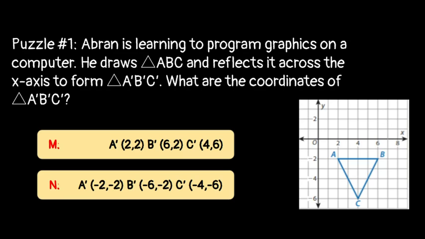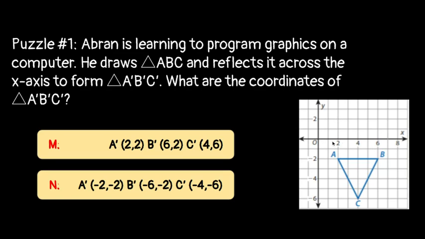How do we reflect it over the x-axis? So we can see here that A is at 2, -2. When we reflect over the x-axis, that means our x values will stay the same and our y values will flip. So we're at 2, -2, which means that this will go from 2, -2 to 2, +2.